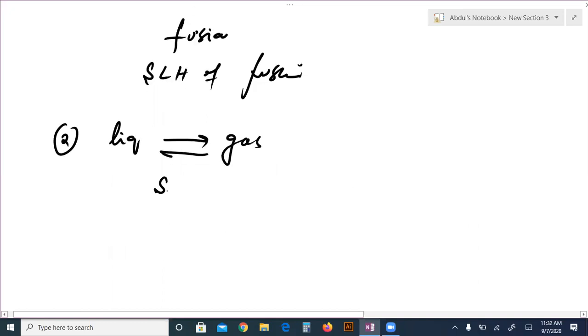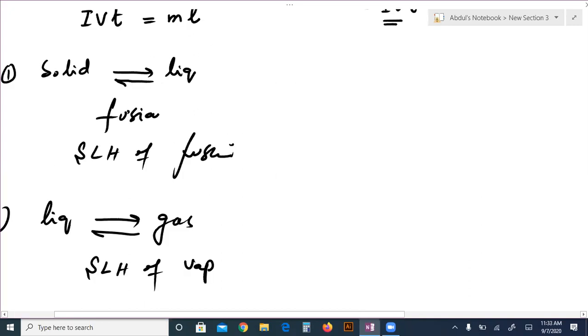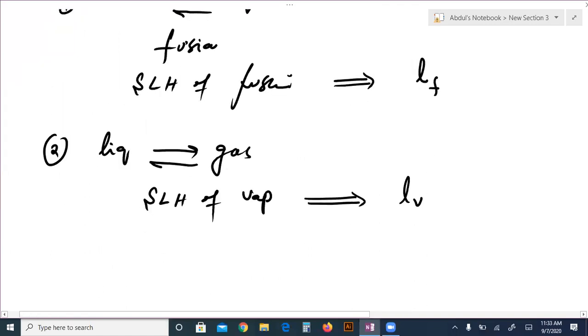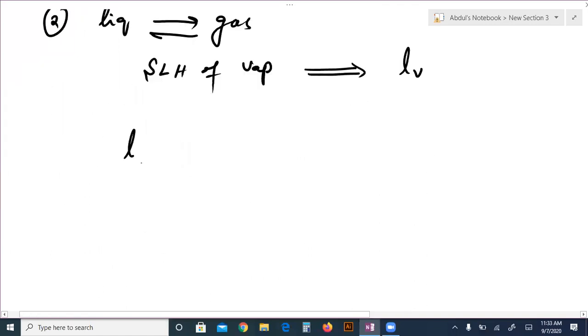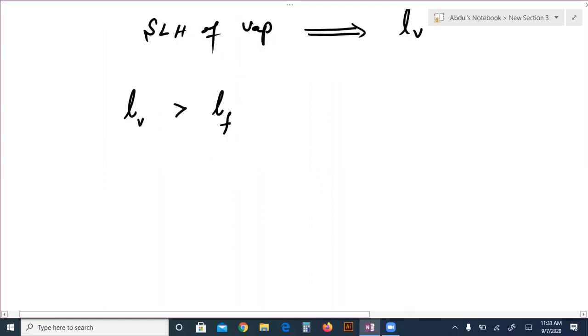So here, specific latent heat of vaporization. The specific latent heat of fusion is sometimes represented as LF, and the vaporization one is sometimes represented by LV. And do remember, the specific latent heat of vaporization for a substance is too large as compared to fusion.